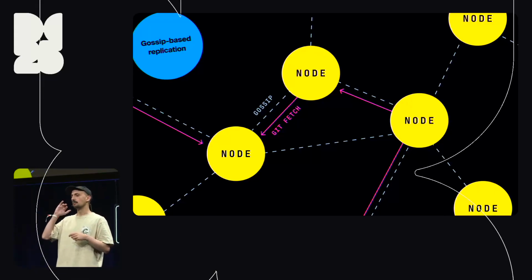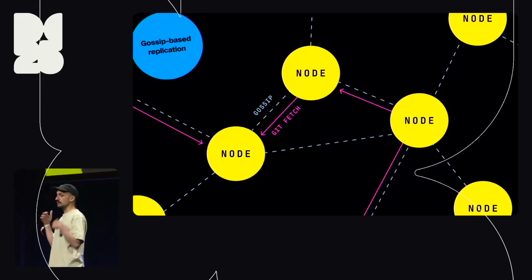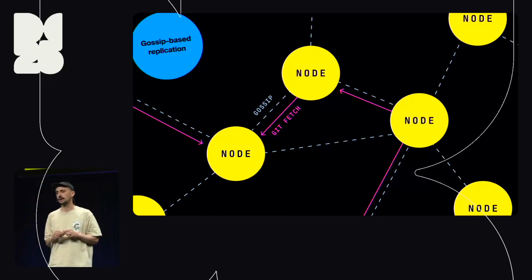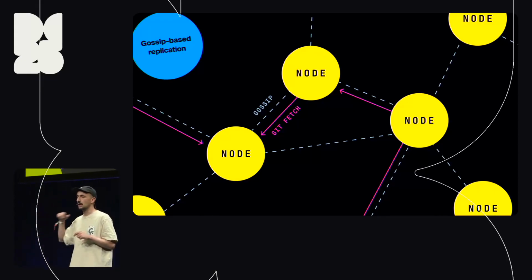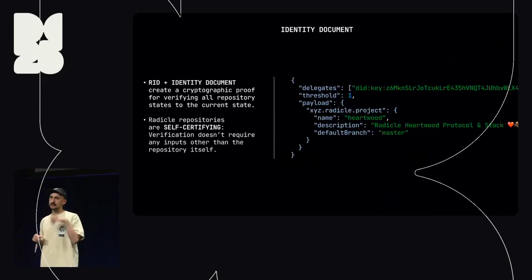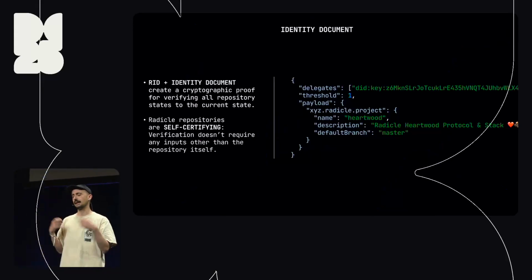And then for transport, Radicle actually uses Git. So effectively, when you know that Fintan's node has the content that you're interested in, then your node basically fetches that from him. And the thing that actually enables us to do that is this idea of an identity document.